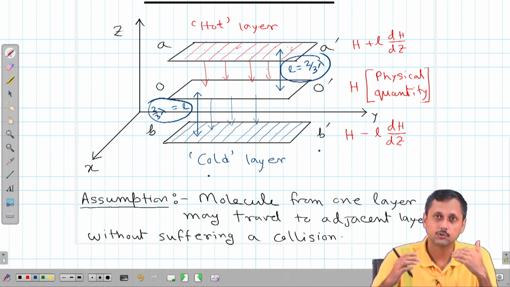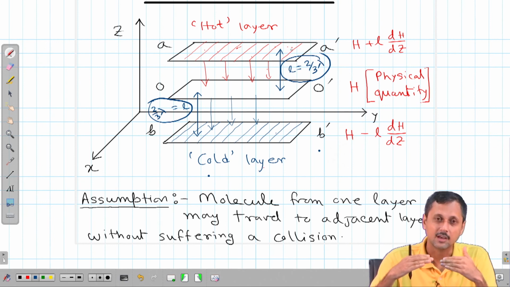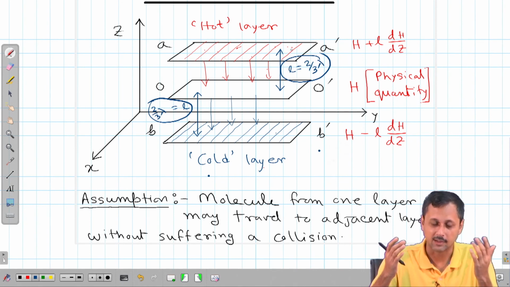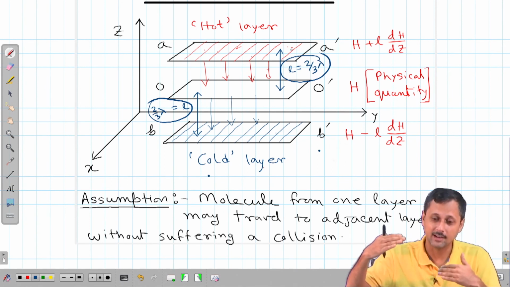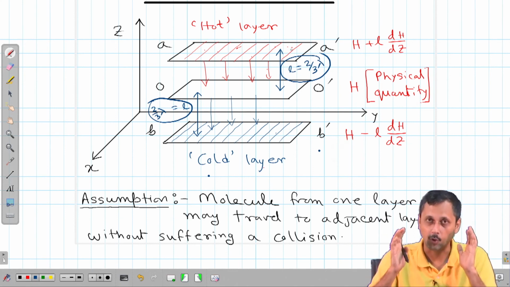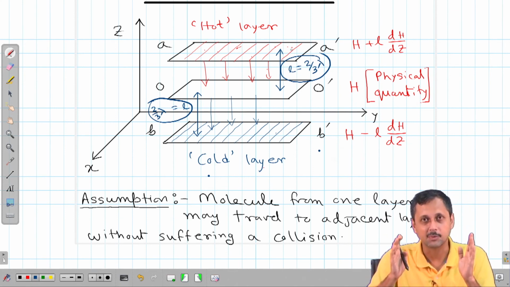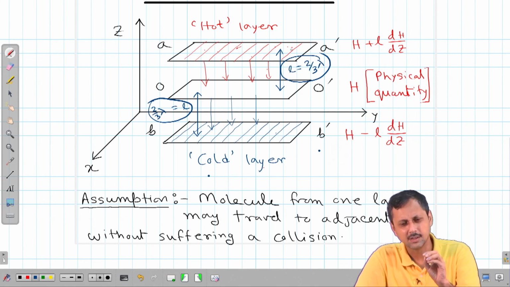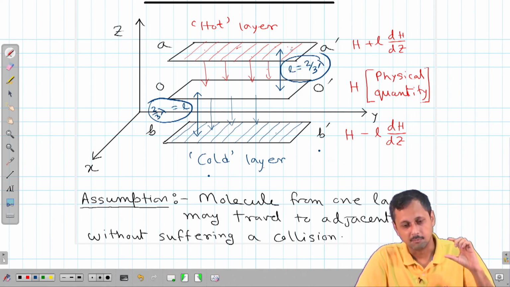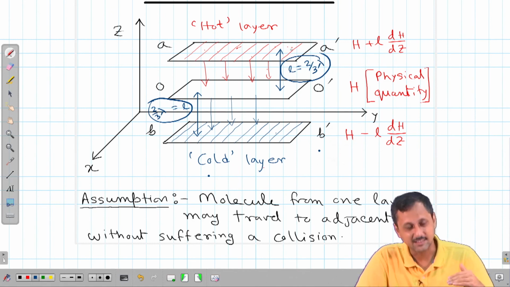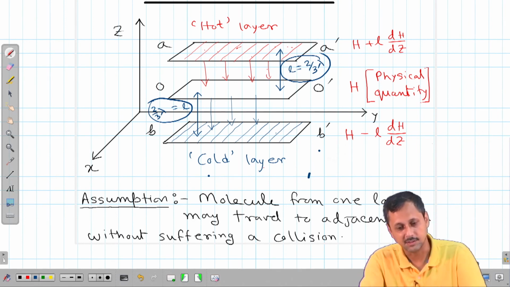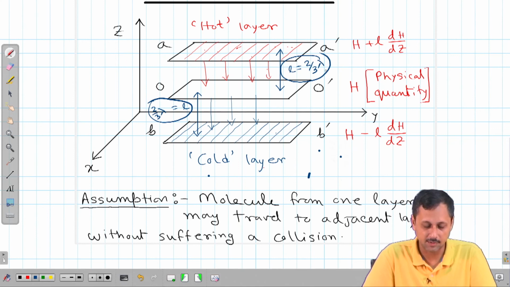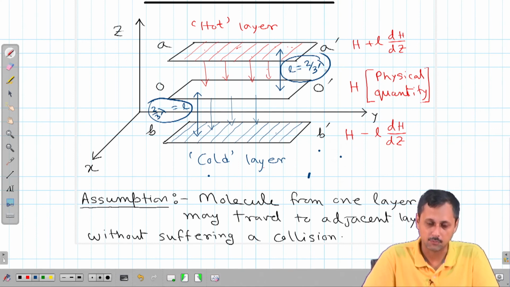Even if we have two adjacent layers taken at 2/3 lambda distance, many particles might not reach, and even if we have a length greater than 2/3 lambda, many particles might still reach, but on an average the maximum distance for which the maximum number of particles will reach from one layer to the other uninterrupted is given by this 2/3 lambda value. So, this comes out from the first order approximation that we have done.